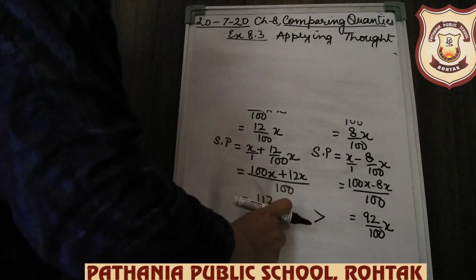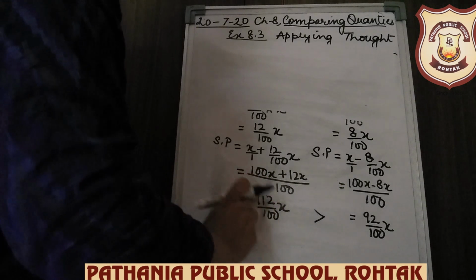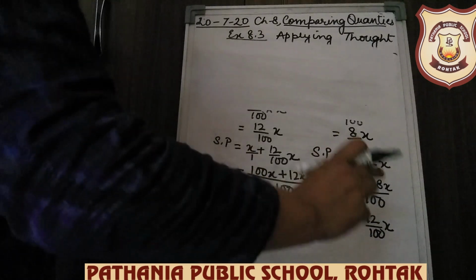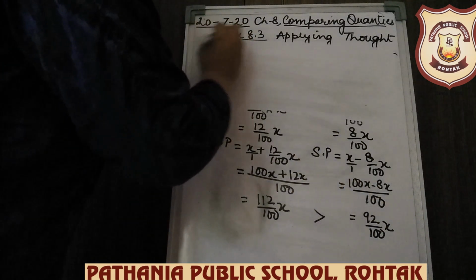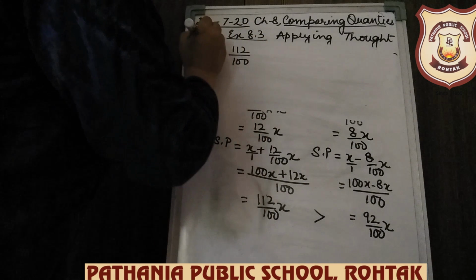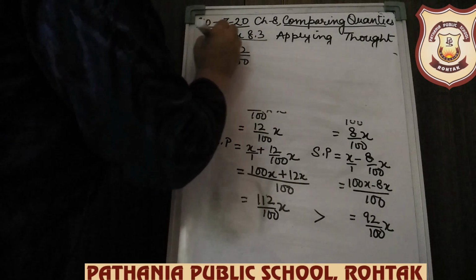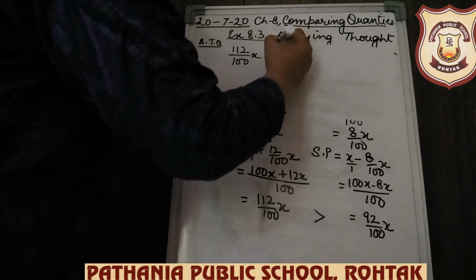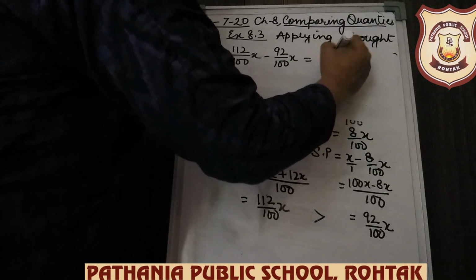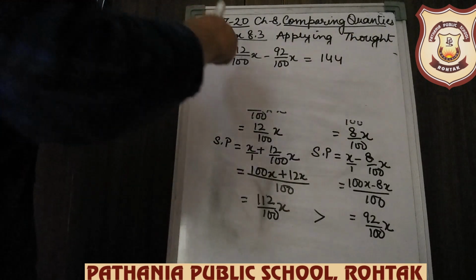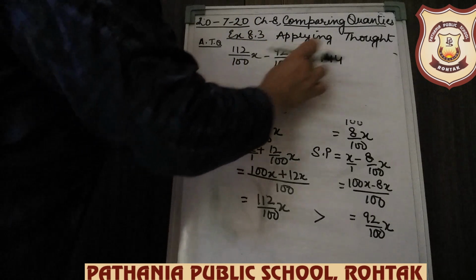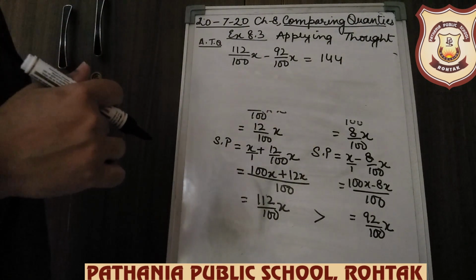So I will subtract: 112 upon 100x minus 92 upon 100x, and the difference is equal to, now this is according to the question, what is the condition given, it is given as 144. The SPs of the cows, if we subtract them, that difference is 144.